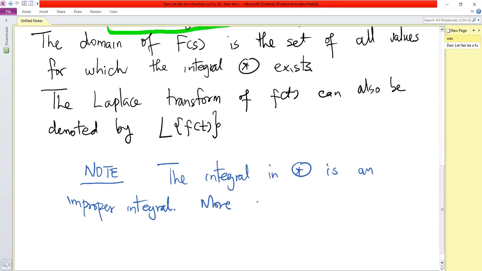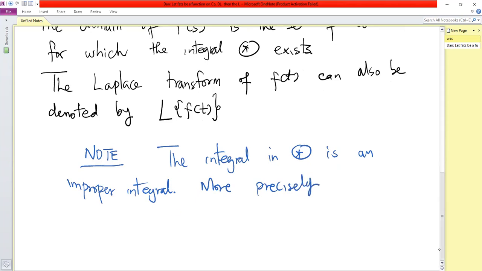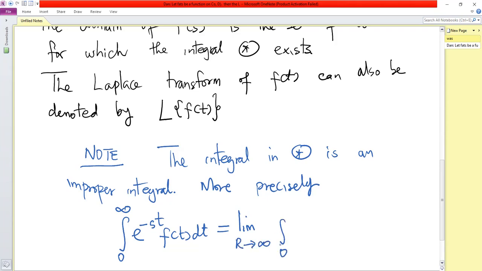More precisely, this integral from 0 to infinity of e raised to power minus st times f of t dt is the same as the limit as r approaches infinity of the integral from 0 to r of e raised to power minus st times f of t dt, whenever the limit exists.